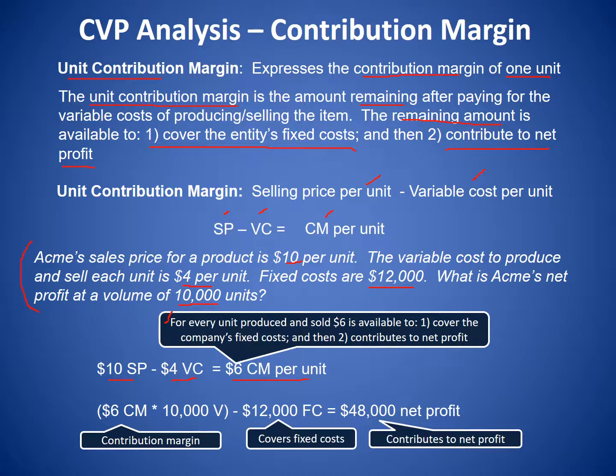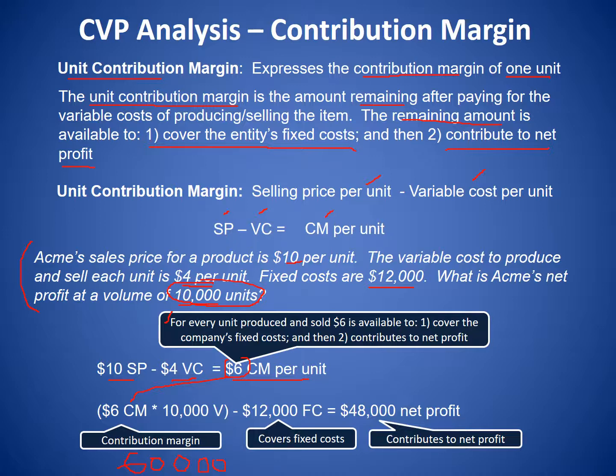So now let's plug this into the cost volume profit equation. We start out with our contribution margin of $6. We multiply that times the 10,000 unit volume. So that means our total overall contribution margin, and again, forgive me for my writing, is $60,000.